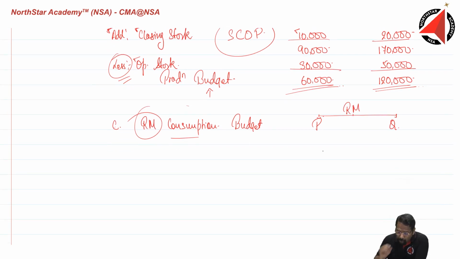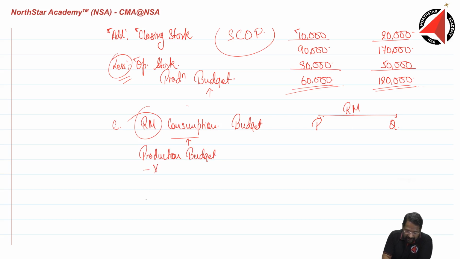Now, to know how much we are going to consume, what is the first thing that you should know? You should know how much you are going to produce. So you have to know production budget. Production budget means finished goods, right?